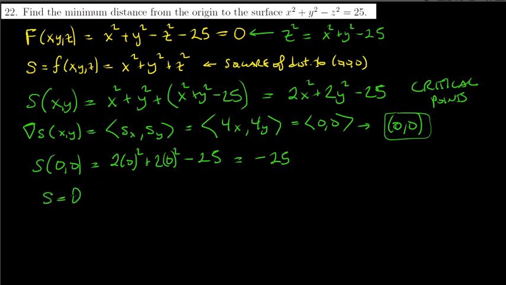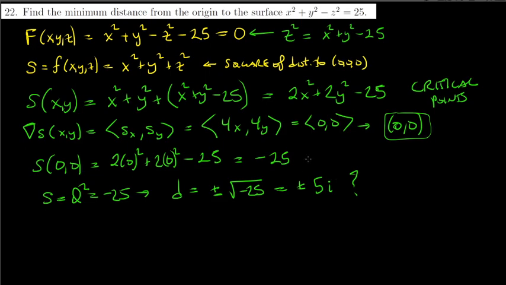So s is really the distance squared, which is negative 25. So take the square root, and we get plus or minus the square root of negative 25, which is plus or minus 5i, which makes no sense whatsoever. The distance is imaginary? No, that can't be. Okay, so what went wrong here?